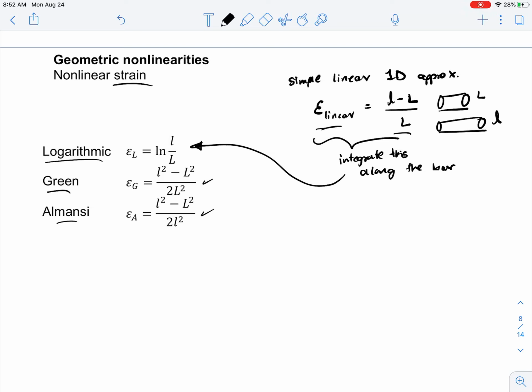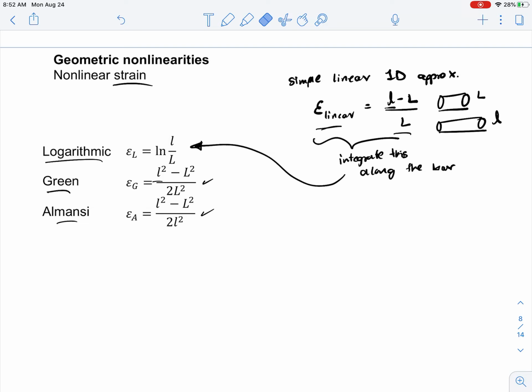And they are clearly nonlinear, right? So whereas this one is a linear function of L, now we have L squared, for example, here. So here, in the Green case, even though the denominator is a constant and L squared is a constant because the initial length is a constant, we have some nonlinear, just a quadratic, but that's still nonlinear. In the case of the Almansi, you have both a nonlinear term in the numerator, and you also have a nonlinear term in the denominator.